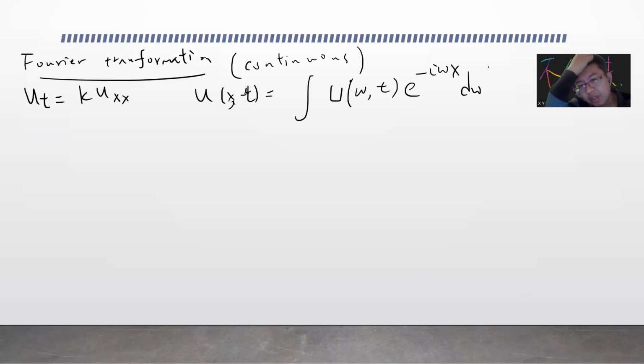So this is the Fourier transform. Let me just call this u hat. Then we just plug this into the equation.